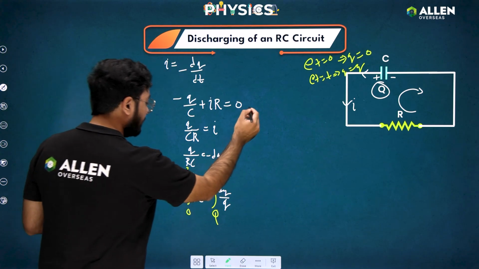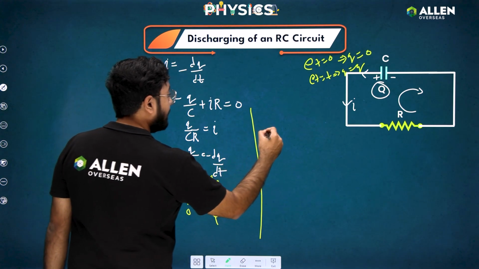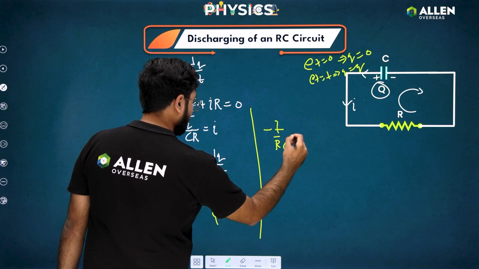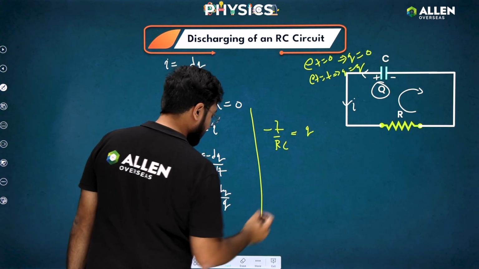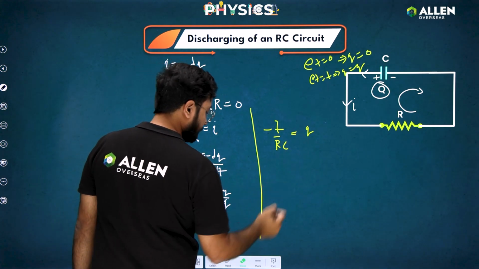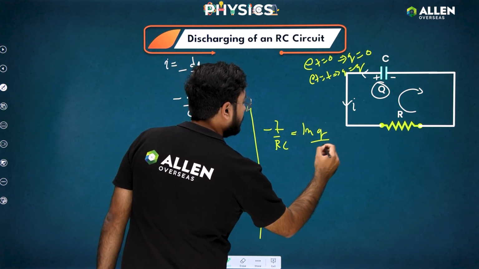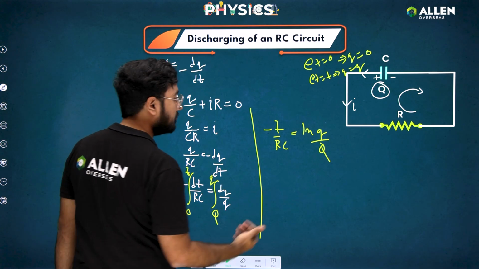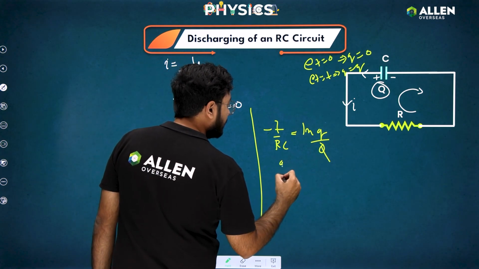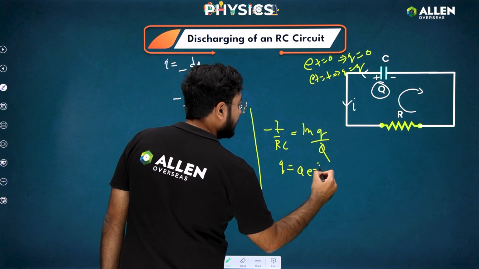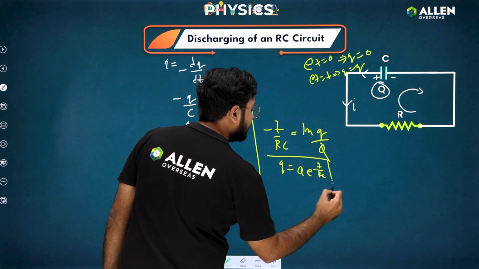So integrate this thing. What you will have? You will have minus t by RC is equal to ln q by Q, right? Ln q by Q. Yeah. So from here, q is equal to Q e to the power minus t by RC. The charge is going to decrease.